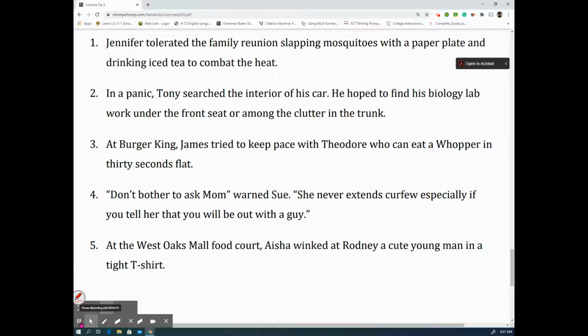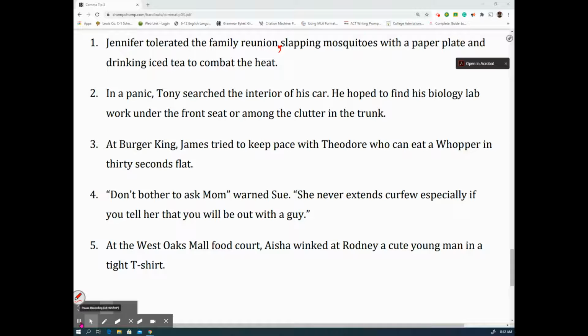All right. So what do you think needs to happen here? Well, a comma after reunion. A comma after reunion. Okay, excellent. So you're right. I like this. Jennifer tolerated the family reunion. That's what this sentence says, right?